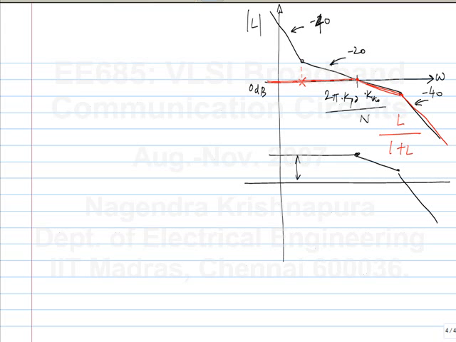In the dB case, this is just 20 log n. This is the magnitude of phi out by phi ref, and it has a DC gain of n, that we already have discussed what that means.